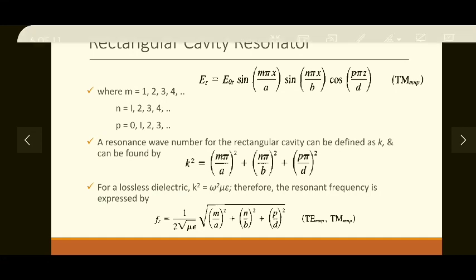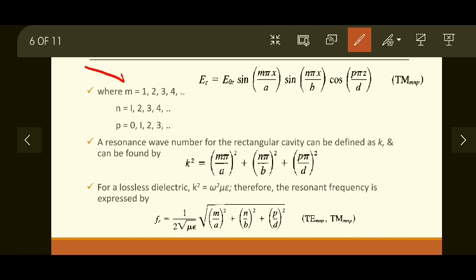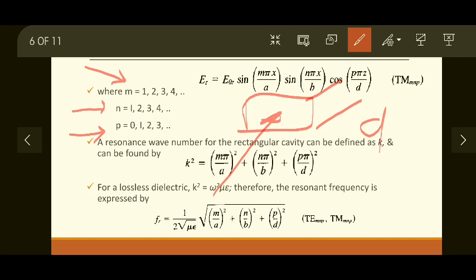Now if you observe here, m, which is in the direction of x, starts from 1, and in the direction of y starts from 1, but p, which is the direction of z, starts from 0, because if this is your wall, this is your normal to the wall, that will be in the direction of d, and the magnetic field component has to be 0 for TM mode, and that's why p should be 0 in that case.